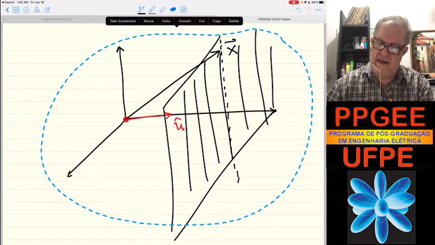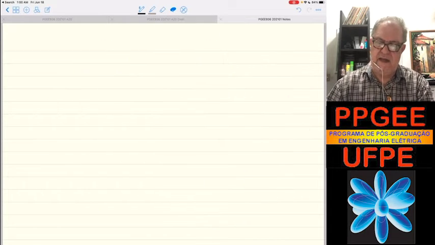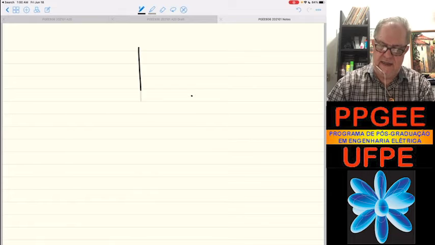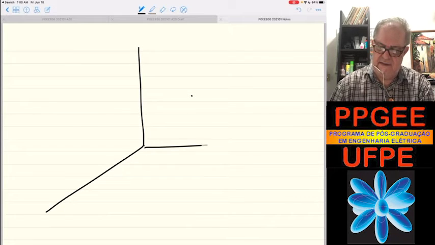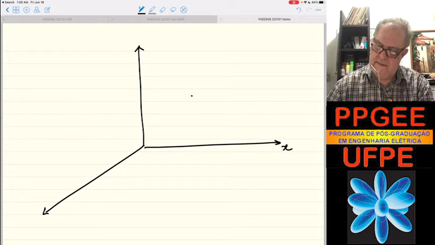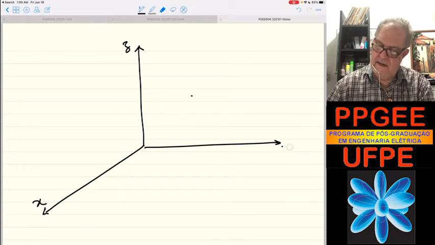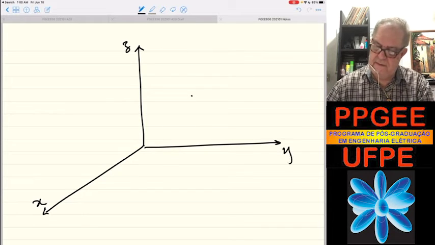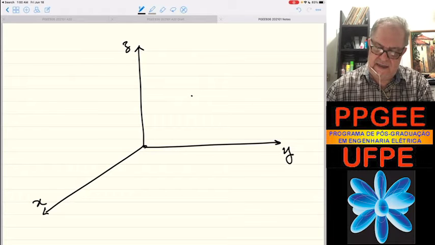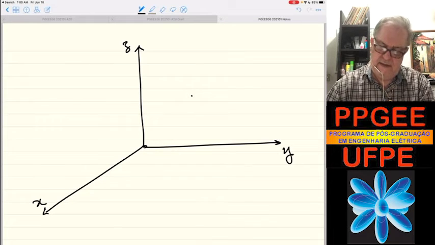Let's make it arbitrarily in any direction. It's better. Let's make it like this: X, Y, and Z. So maybe I make a cube.